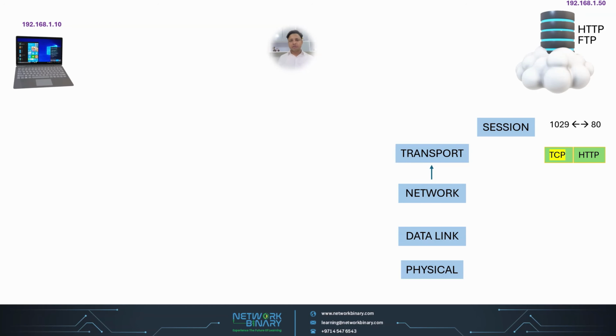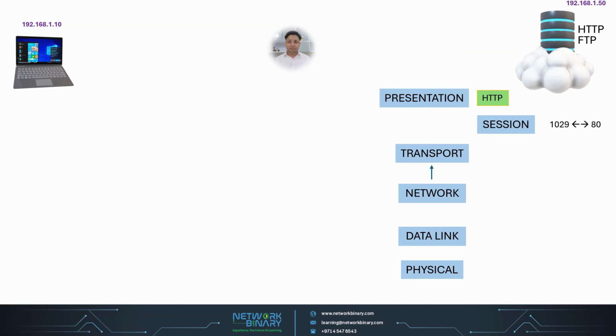Okay, so the session layer creates a session that somebody from this IP, 192.168.1.10, is communicating to me. Source port is 1029 and destination port number is 80. All right. And then this HTTP, since it gets the text data, the presentation layer finds out that this is normal text. I can present it to the application.